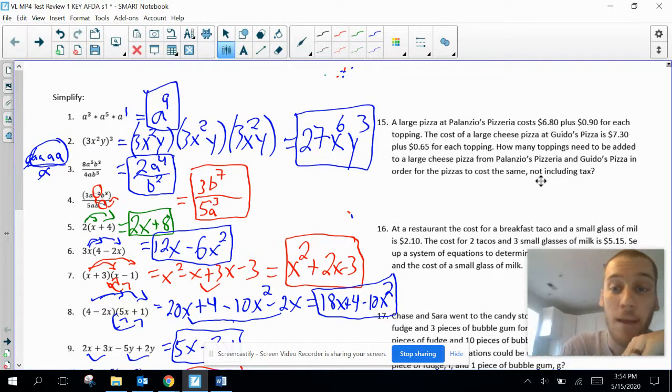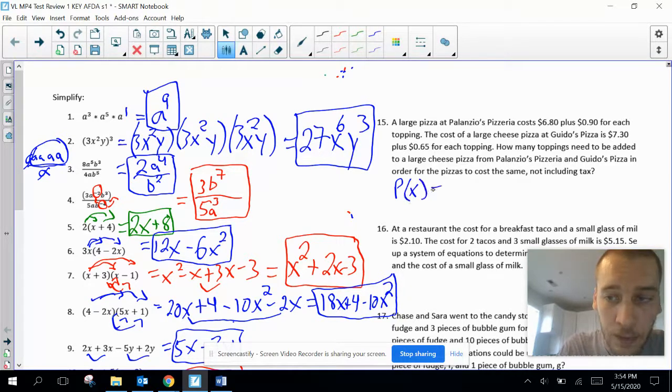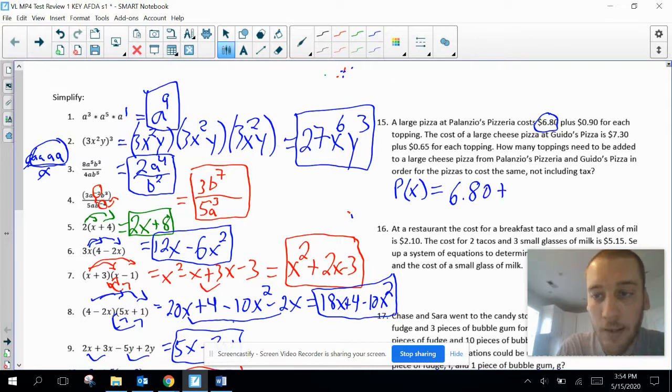So if I'm at Palazzo's, I'm going to give that a P. We'll just use X. It costs $6.80 no matter what, plus whatever you want for your toppings. So I'm going to use X for toppings.